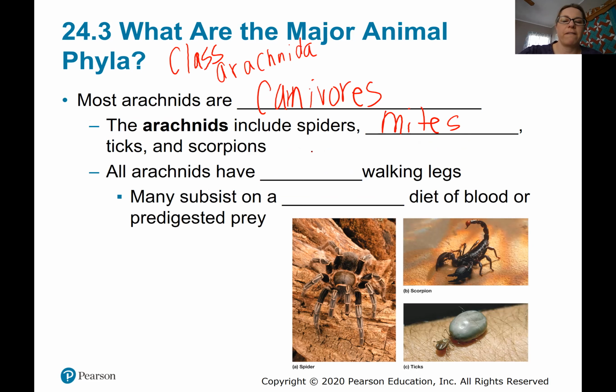All arachnids have 8 walking legs, or 4 pairs of walking legs, and a lot of times they'll eat a liquid diet of blood, or they'll sting or bite their prey item, and that venom will digest the insides of the prey, and then they will basically drink that liquid. So here's some examples: a couple of different types of ticks, a scorpion, and a spider.